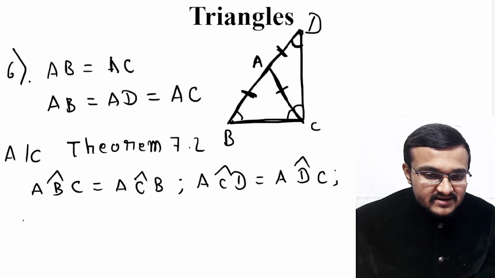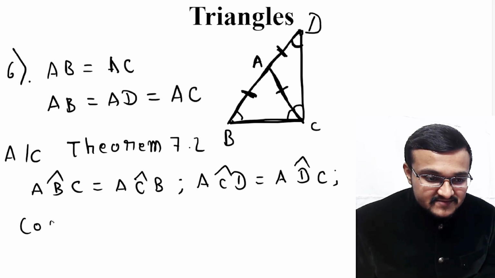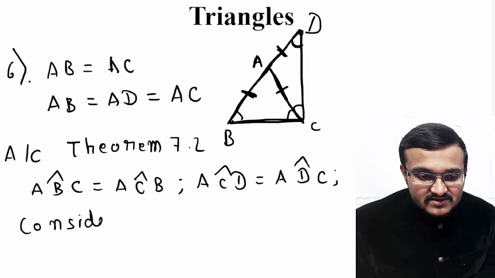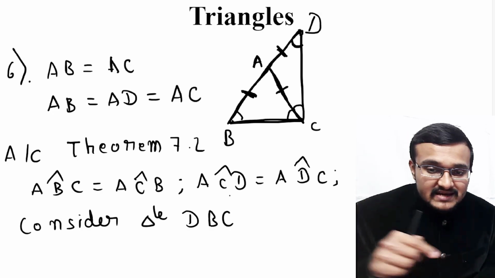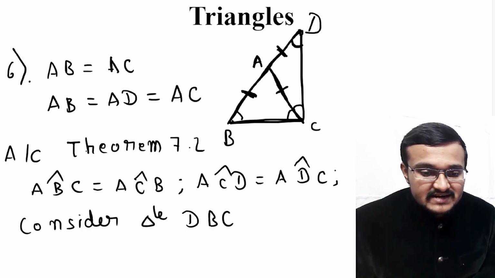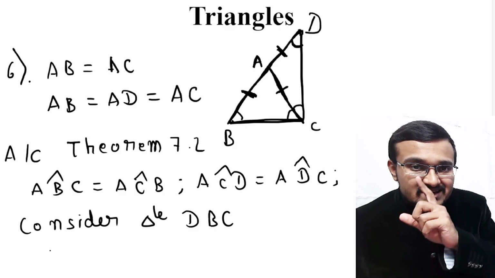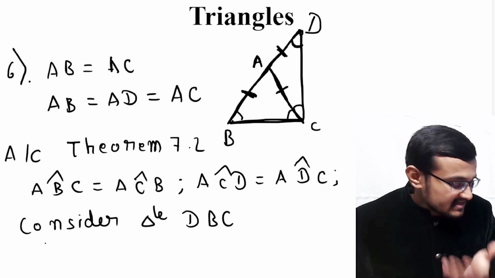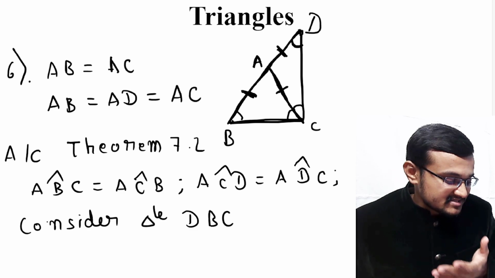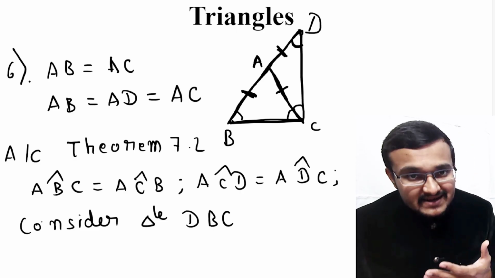Now we'll consider triangle DBC, the total big triangle what we have here. Here the angle BCD should be equal to 90 degrees, then only this particular DBC will be a right angle triangle.